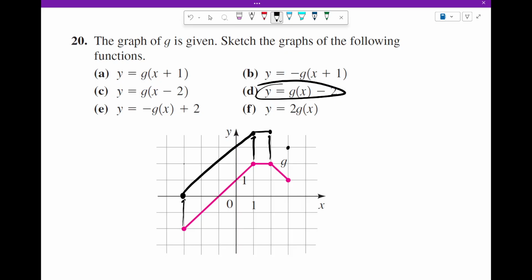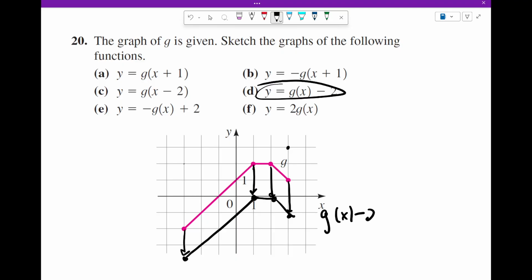So now it looks like this. Oh, it's -2. Sorry, everybody. Hold on. It's -2. So it goes down. There we go. So that's g of x minus 2. Okay.